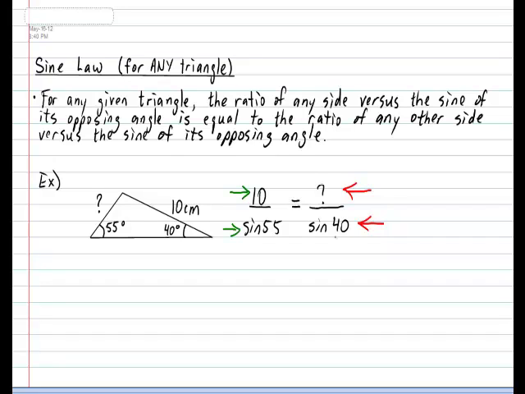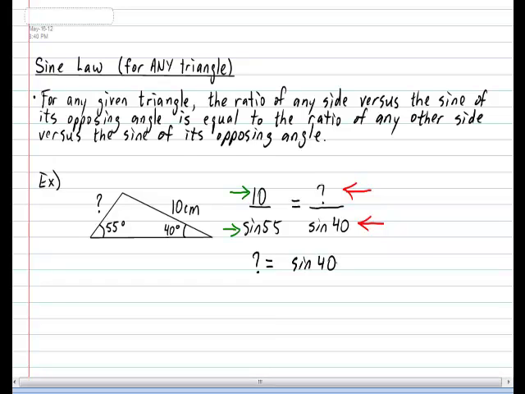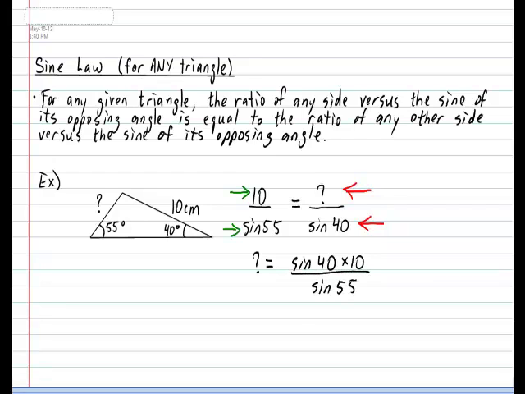So in this particular scenario, cross multiplying gives us the question mark will be equal to sine of 40 times 10 divided by sine of 55. And therefore, that gives us a question mark value of around 7.85 centimeters.